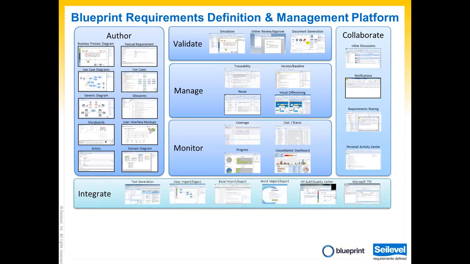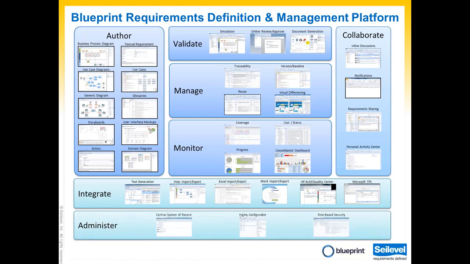And to that end, Blueprint provides integrations with Microsoft Office, so that's Visio, Excel, Word, both in and out, and also integrations with HP ALM Quality Center, Microsoft Team Foundation Server, and we just announced last week that in a few weeks we're going to be delivering integrations with a wide range of additional products, including Rally, Version One, Jira, Rational Team Concert, and many, many more, so stay tuned for that. And as part of the integration, Blueprint also generates tests automatically as well.